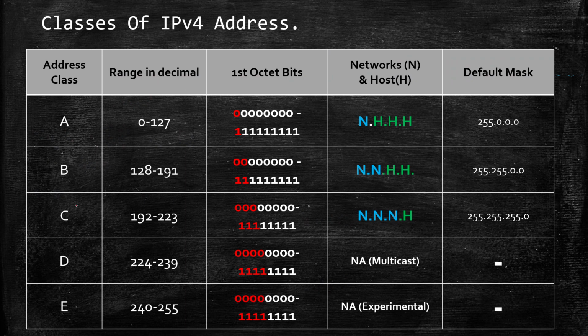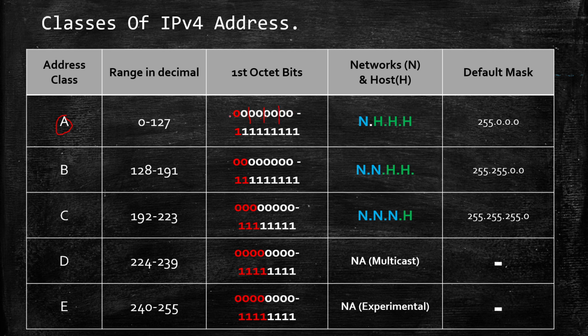There are five classes: class A, class B, class C, class D, and class E. Come to class A. The range is 0 to 127, and it has 4 octets. Each octet is a binary number.